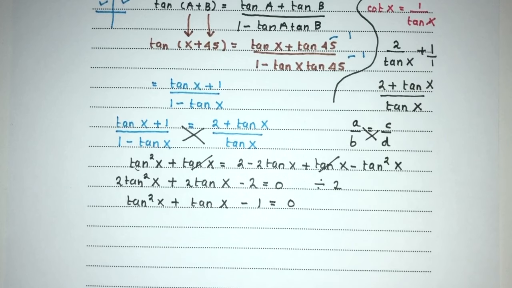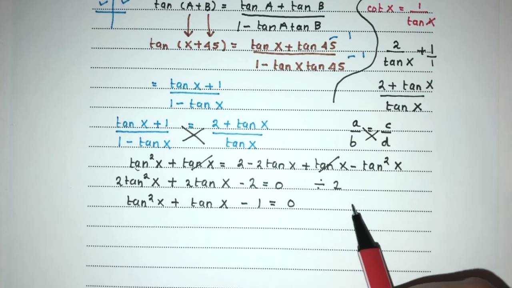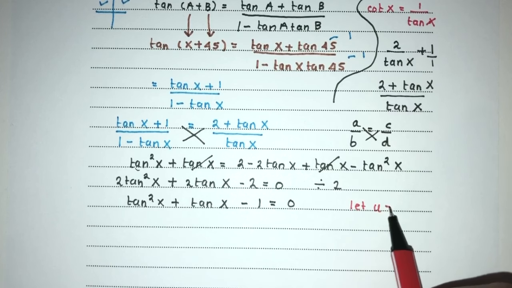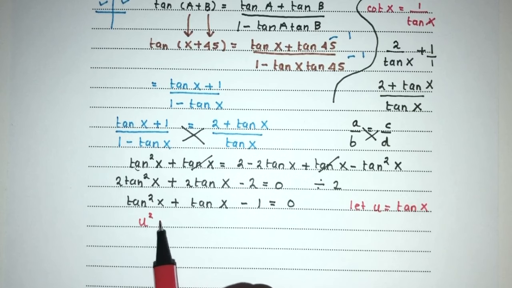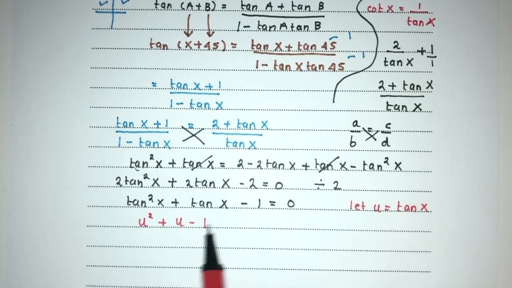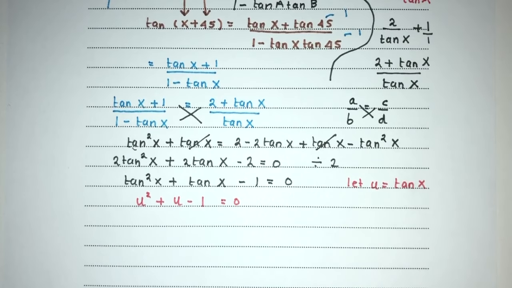Now again, if you don't like to work with those big terms, we can always say let u equal to tan x. That will give you u squared plus u minus 1 equal to 0. Right. Now, of course, this one we have to solve for the value of u first. We can use the formula if you want to.